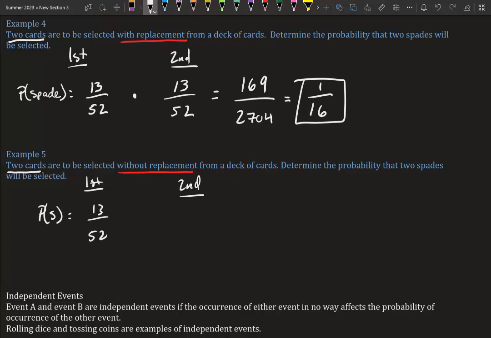However, this is without replacement. So what that's saying is I picked a spade. My first card on top was a spade. It just so happened. I pick the card. I put it on the table. The deck is changed forever. The deck now has 51 cards left. And if I already picked a spade, there's only 12 spades left.